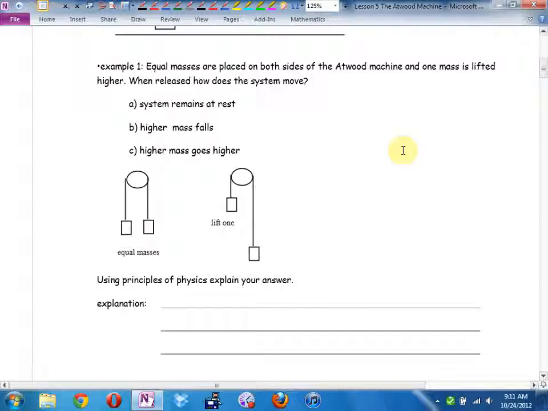Convince me. Oh, this is an opportunity for us to vote. So we have equal masses. Who says A, it remains at rest? 1, 2, 3, 4, 5, 6, 7, 8. Who says B, the higher mass falls?